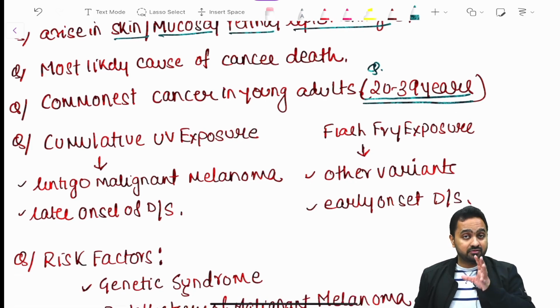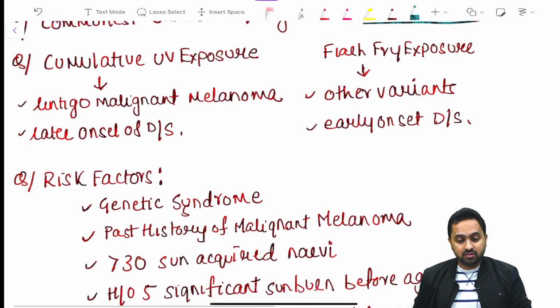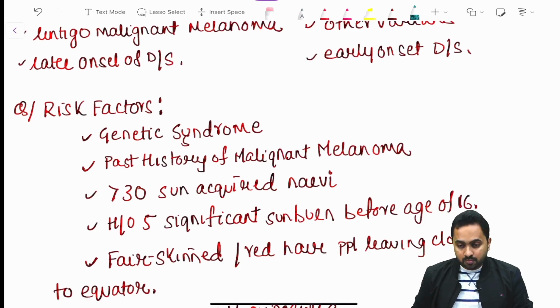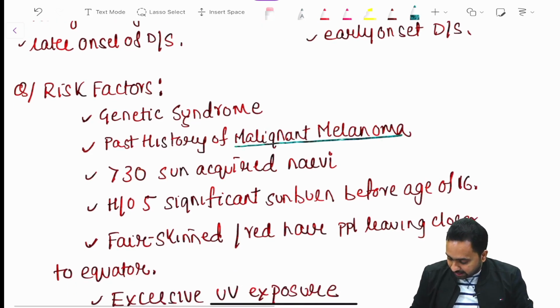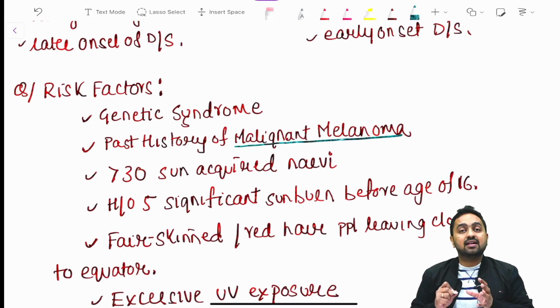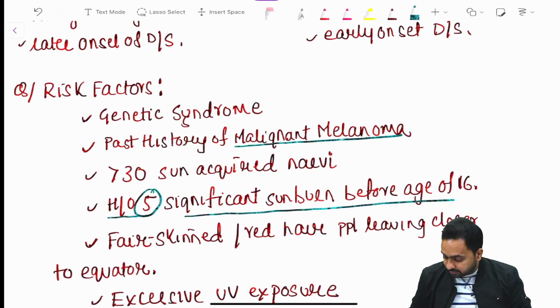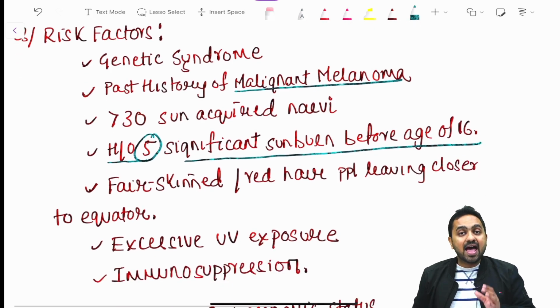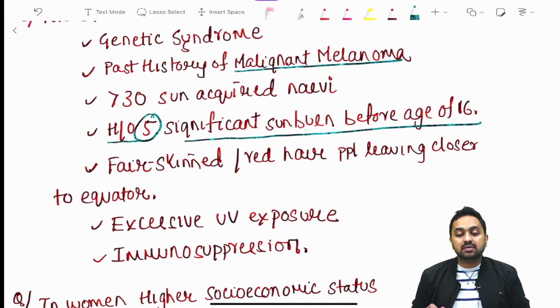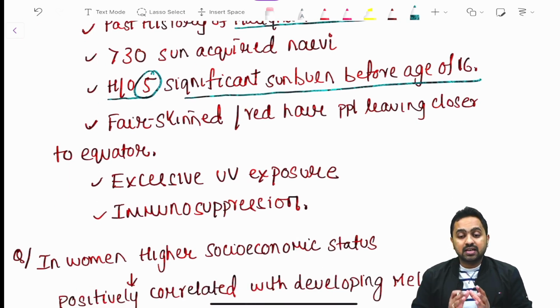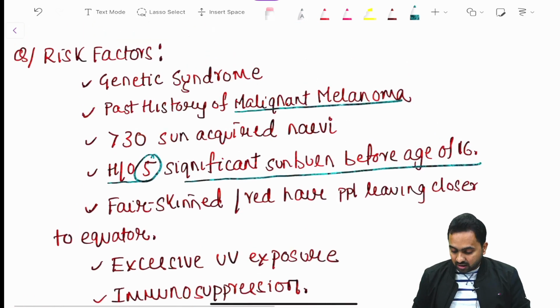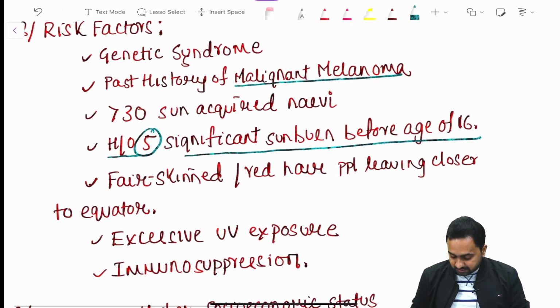The various risk factors for malignant melanoma include genetic syndromes, past history of malignant melanoma, more than 30 sun acquired nevi, history of 5 significant sunburns before the age of 16, and fair skinned or red haired people living closer to the equator. Then excessive UV exposure and immunosuppression are some other risk factors.